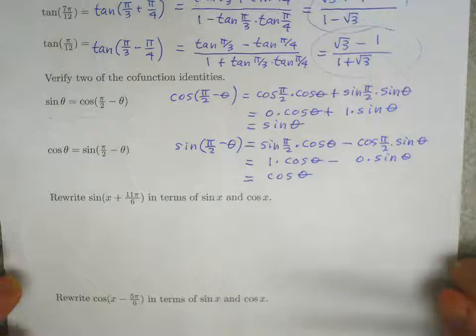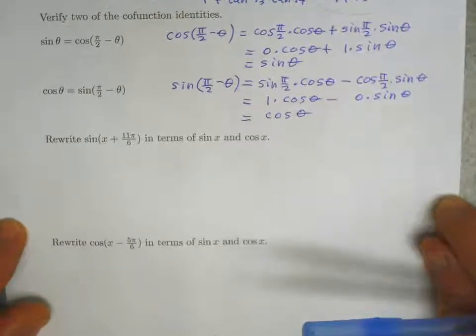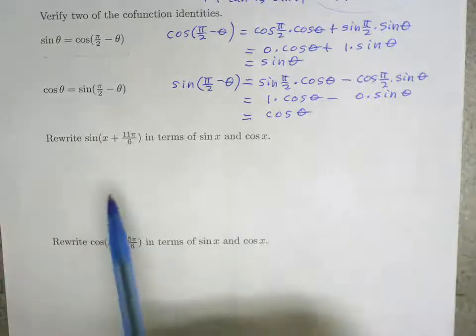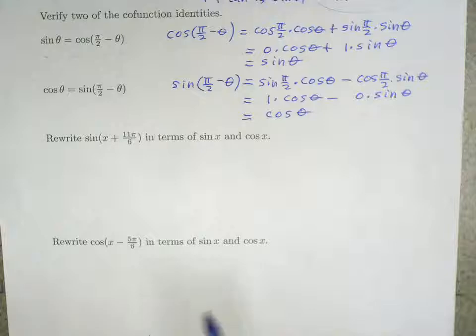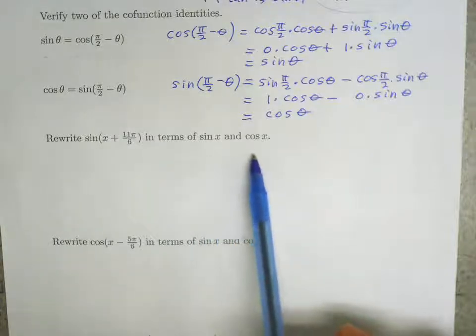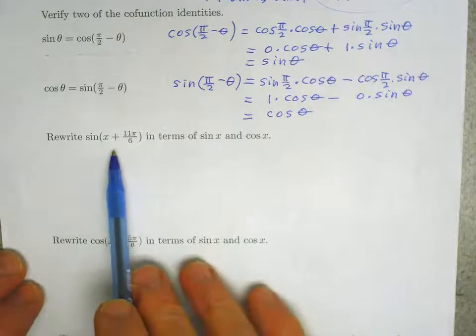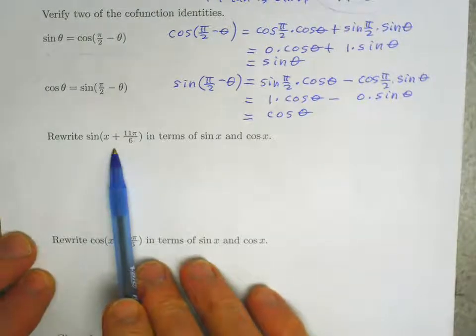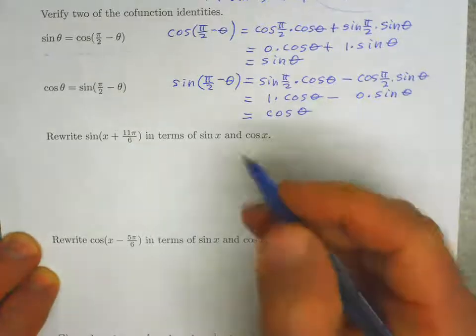Okay, in the next exercise, we will rewrite sine of x plus 11 pi over 6 in terms of sine of x and cosine of x. We'll apply the sum formula for sine of x plus 11 pi over 6.